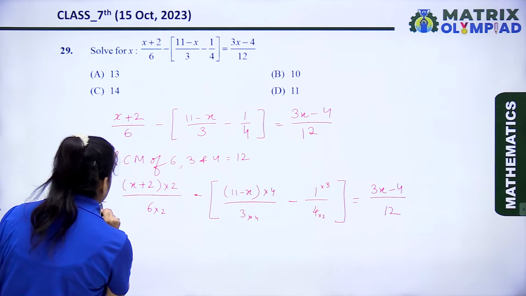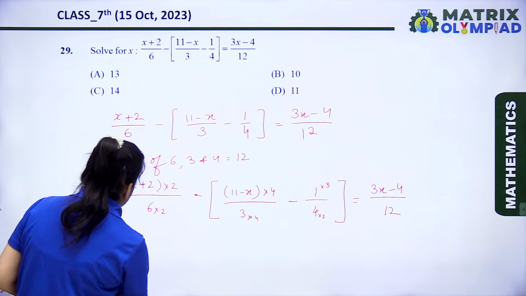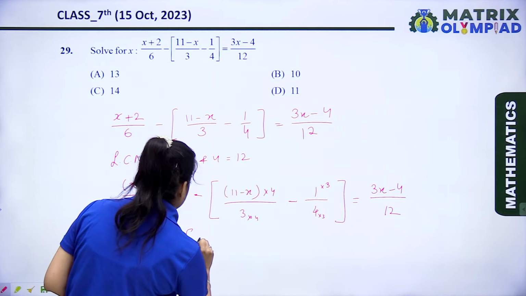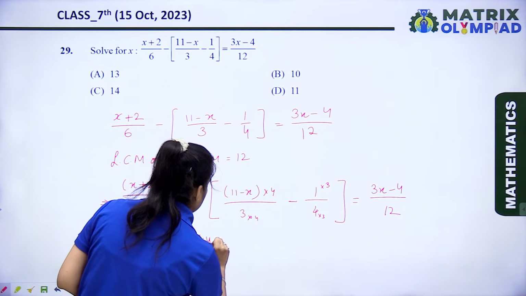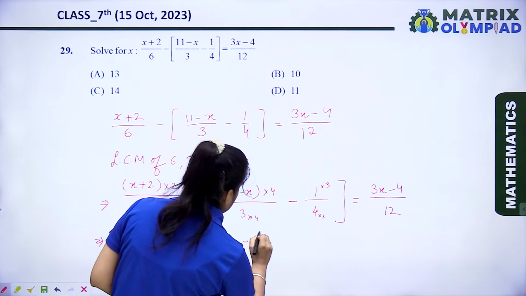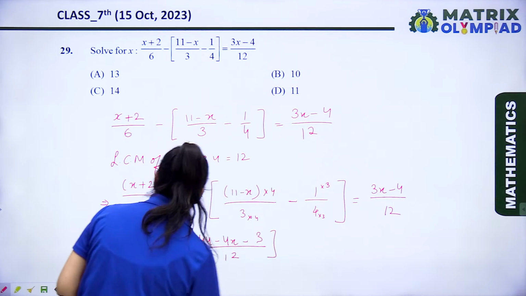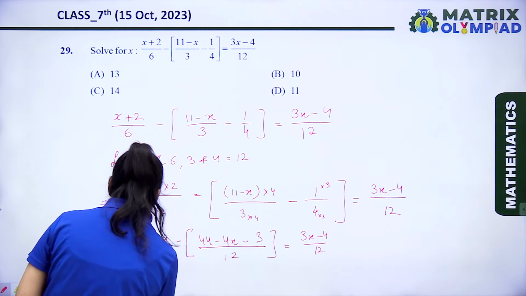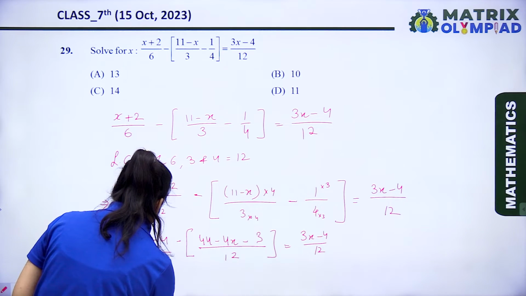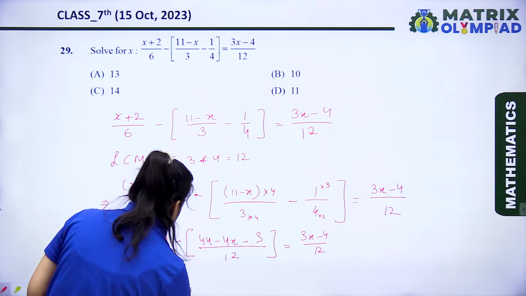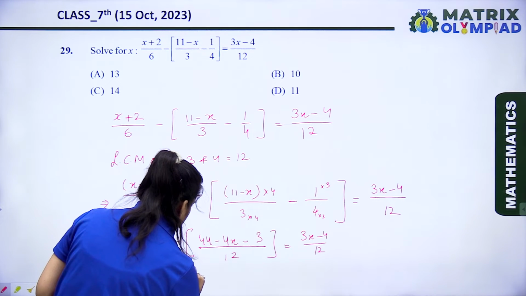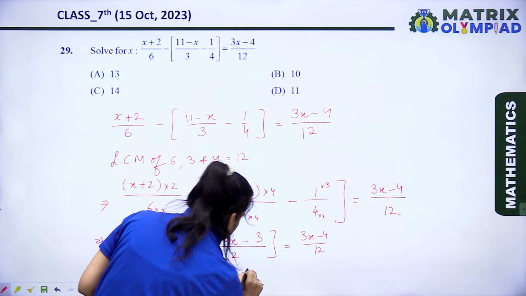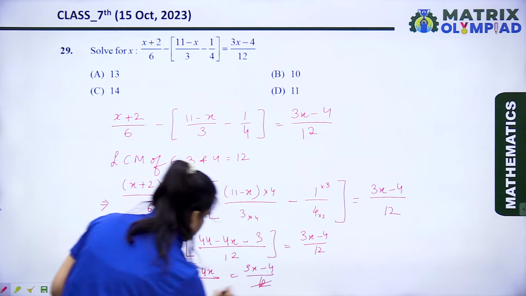Now, the next step will be 2x plus 4 minus 44 minus 4x, negative 3 upon 12. 12 से 12 cancel.